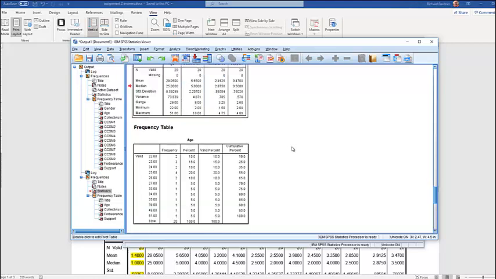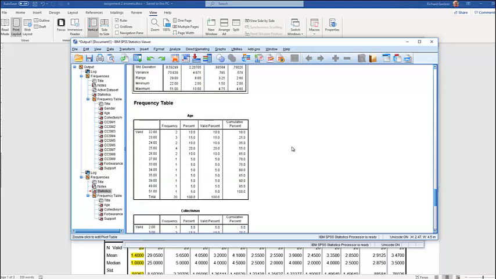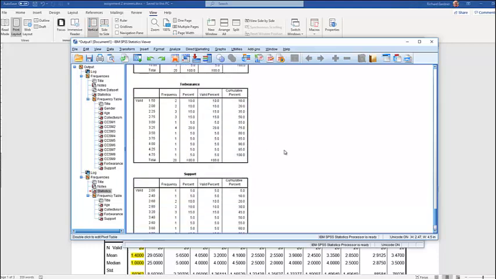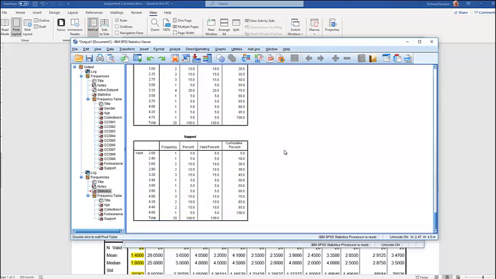So the frequency tables, these are the percentages, like how many people were 22, 10%, how many were 23, 15%. But I don't think he wants those. But you know what? Let's put them in there just in case.